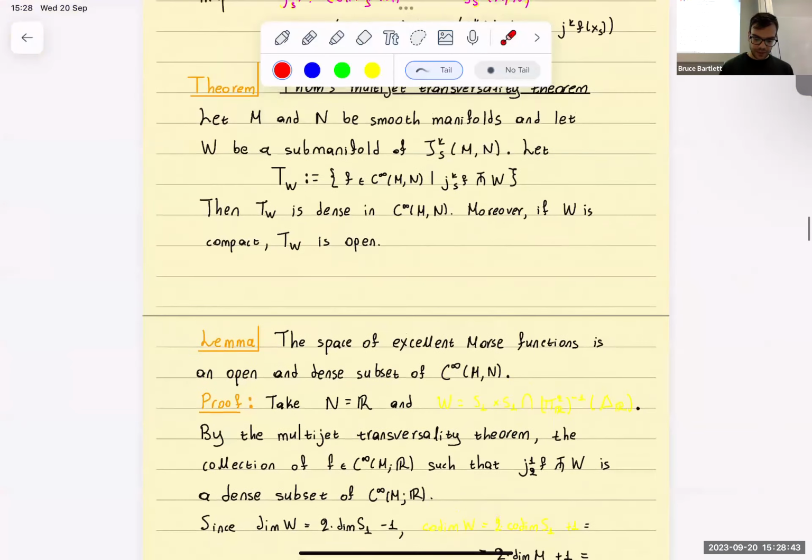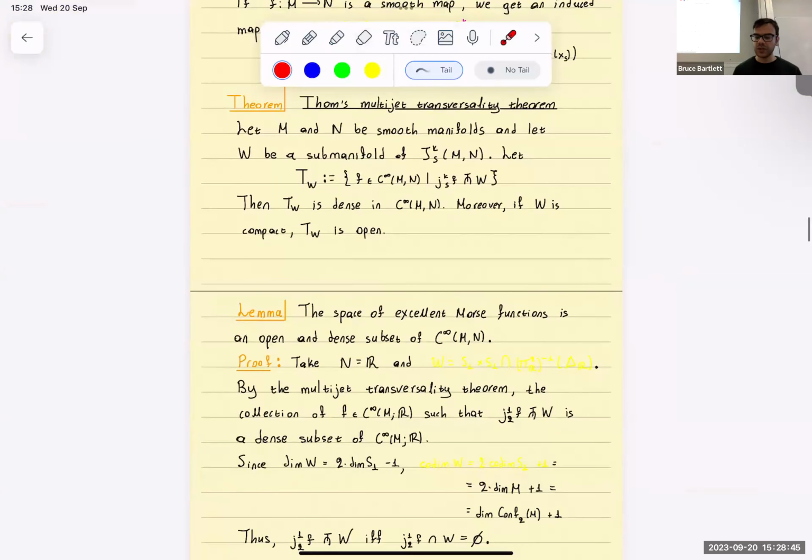Well, let me have you look at the theorem up here. I'm going to concentrate on the case when our N is just one-dimensional Euclidean space, and I'm going to look at k equals 1 and s equals 2, and I'll have to tell you what I'll take for W. So stay with me for this.